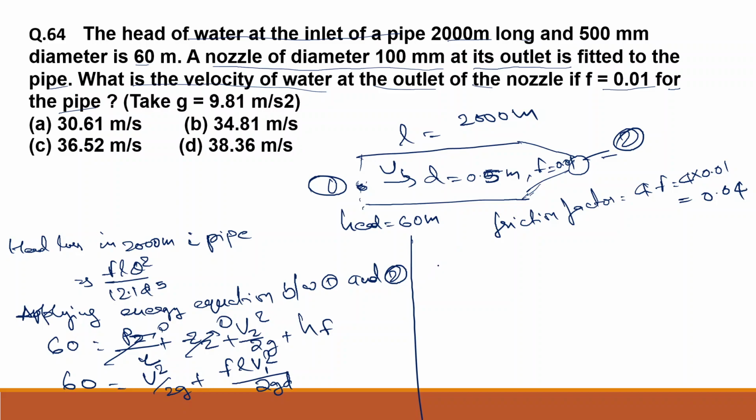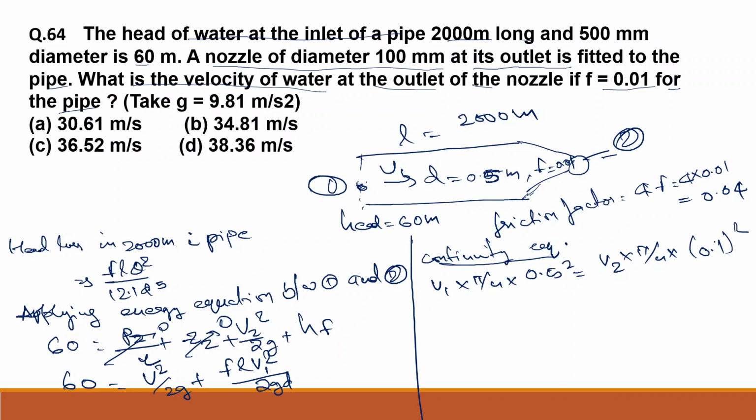By applying the continuity equation, V1 into pi by 4 into 0.5 square is equal to V2 into pi by 4 into 0.1 whole square. Solving this one, we get the value of V1 is equal to V2 upon 25.